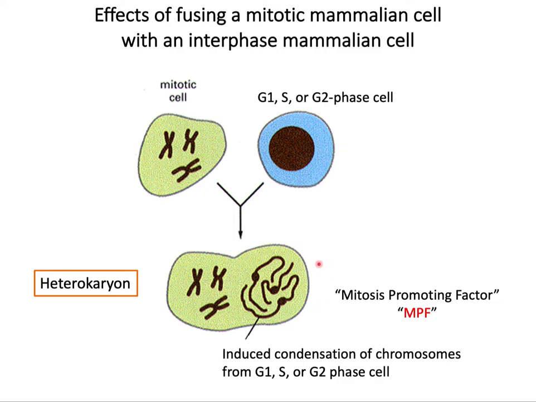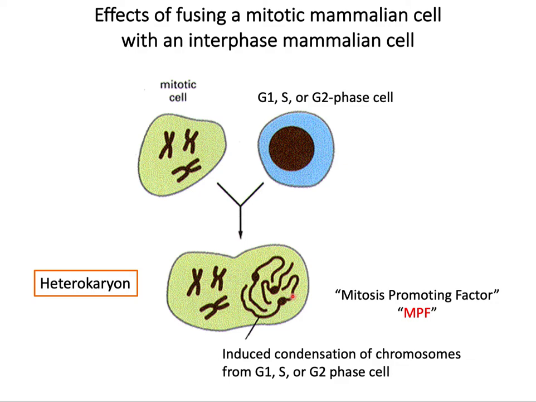What you will notice in this heterokaryon, in this fused cell, is that the DNA that was originally in the nucleus of the G1 or the S or the G2 phase cell begins to condense. So you see condensation, and that tells us there is some kind of a factor in the mitotic cell that can induce this condensation of the DNA from the G1, S or G2 phase.